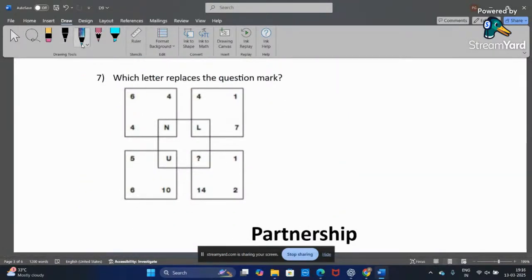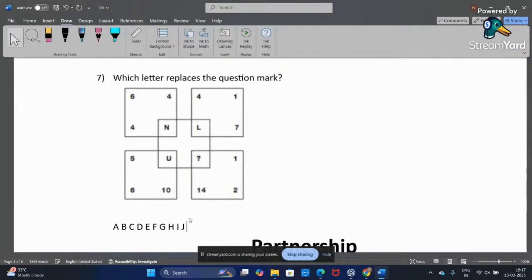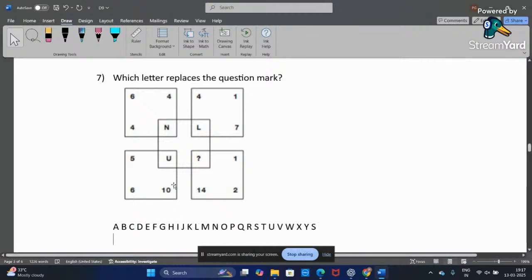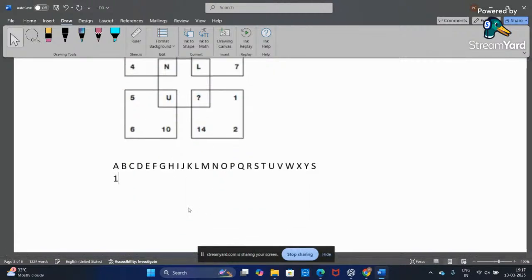Now solve this. For this we need to write the alphabets. One second, I'll just type it out for you. A, B, C, D, E. Let's write the numbers from 1 to 26.